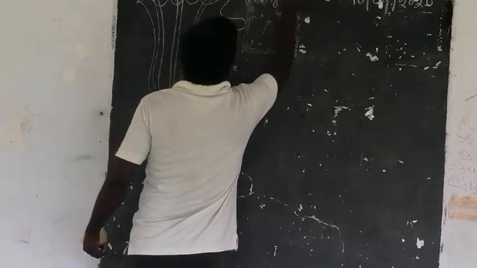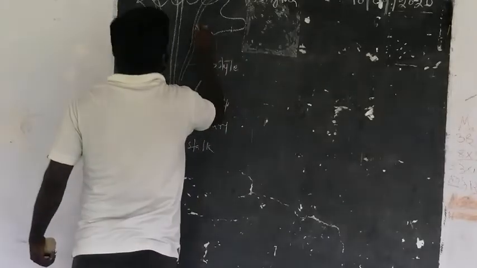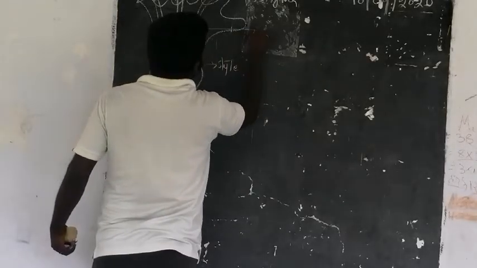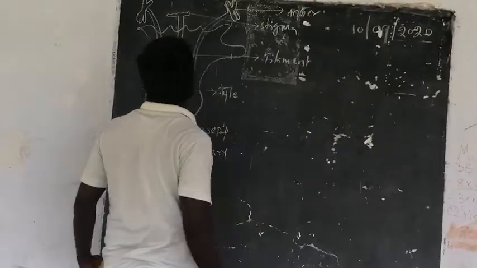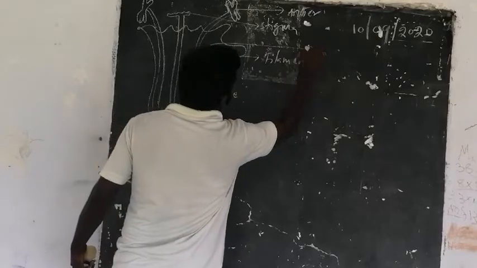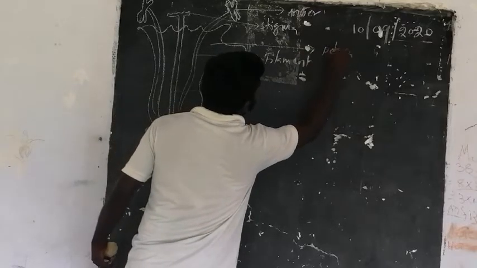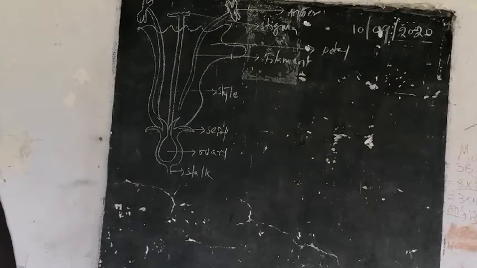And this is anther. This is filaments, and this part is called petal, and these are the overall parts of the flower.